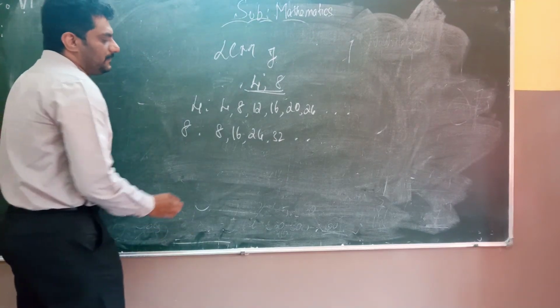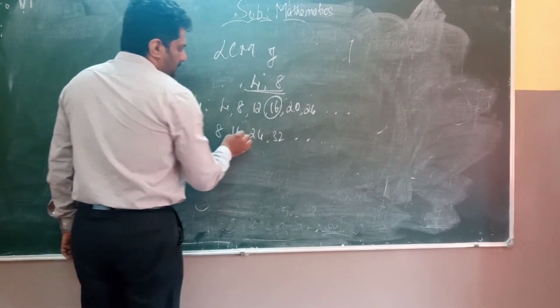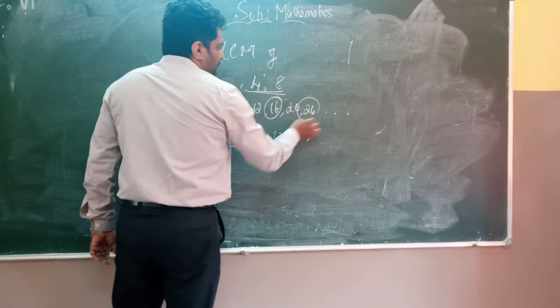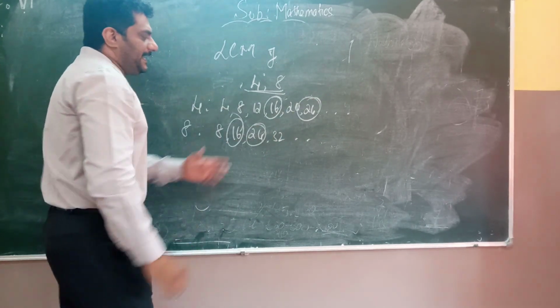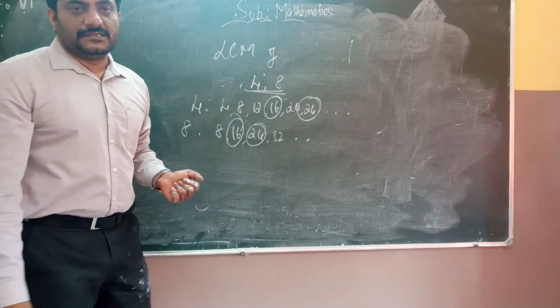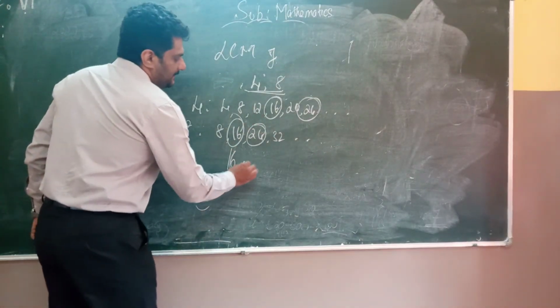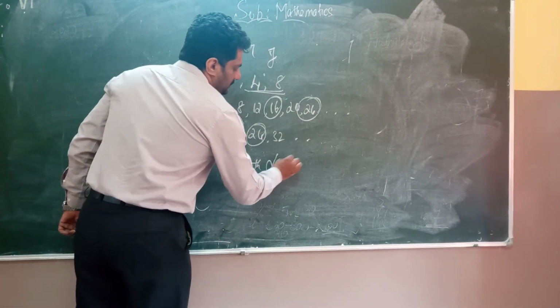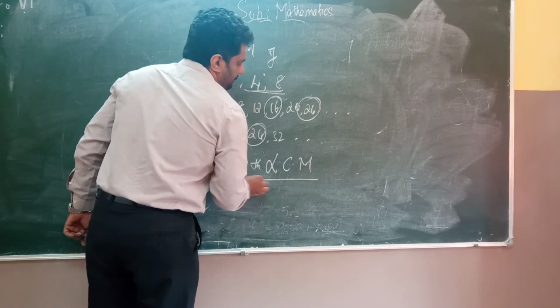Do you see any common multiple? 16, 24. And if we write more, we get more numbers. Which one is the lowest here? 8 is the lowest common multiple.